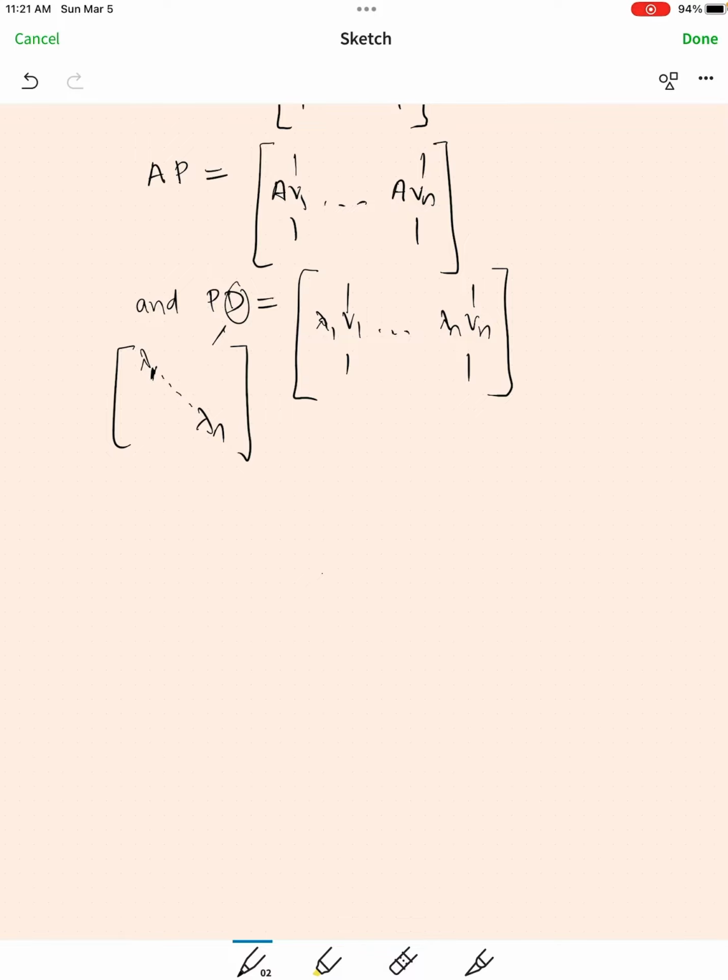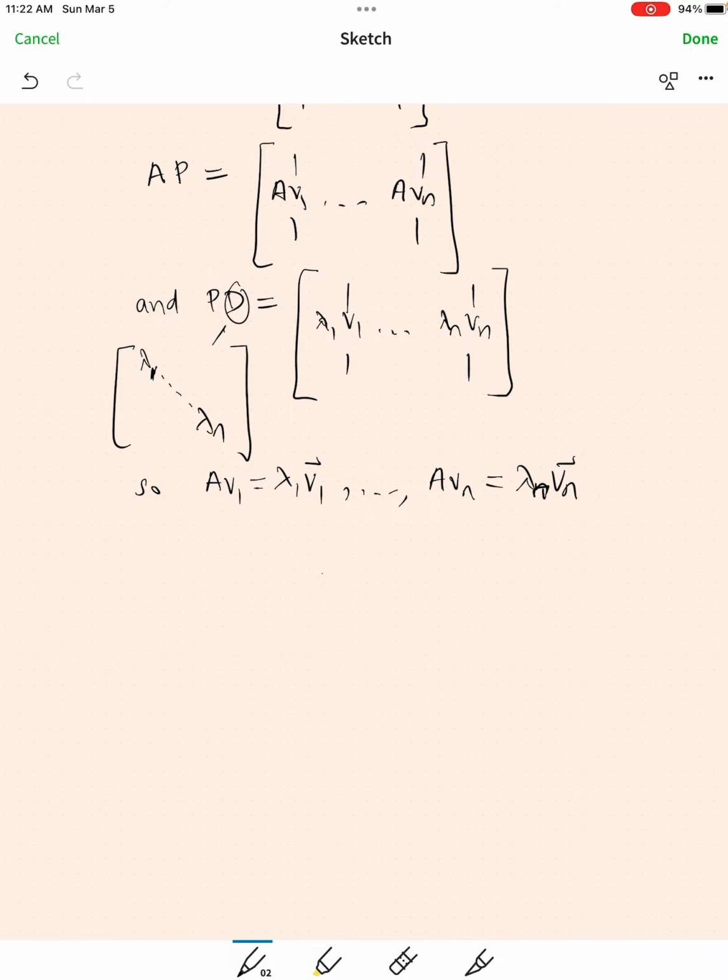So what did we just figure out? Well, if AP equals PD, then AV1 equals lambda 1 V1 all the way through AVn equals lambda n Vn. Okay. So that means that if A is diagonalizable and it has that form PDP inverse, then the entries on D have to be eigenvalues.